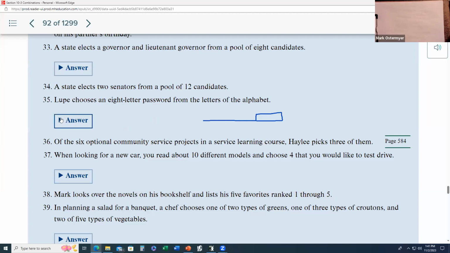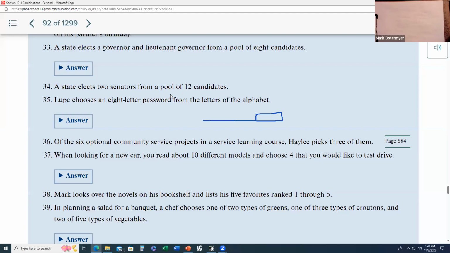How about number 35? Lupe chooses an 8-letter password from the letters of the alphabet. 8-letter password. Do you think the password A, B, C, D, E, F, G, H is the same or different than K, L, M, N, O, P, Q?